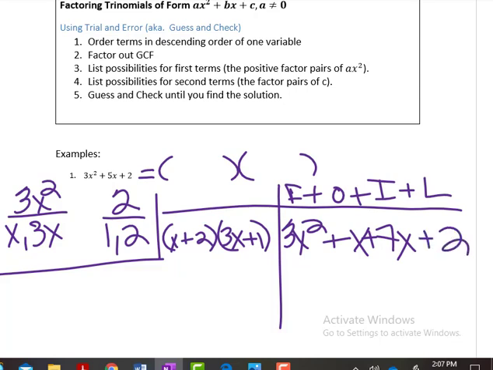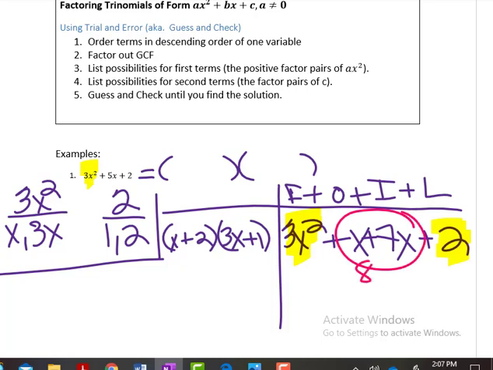Because I chose factors of 3x squared, x and 3x, I knew that my first term would be just fine. I know my last term works because the second term in each binomial is from the factor pair of 2. What I want to focus on is what happens when I add my inner plus my outer term.